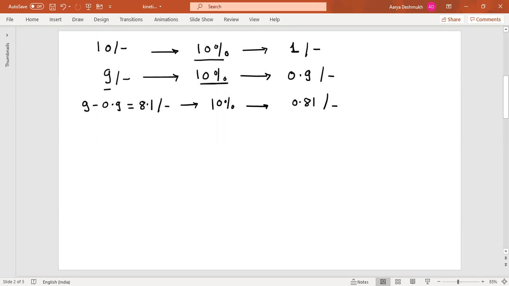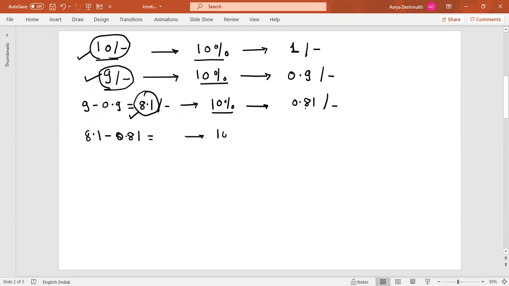Each time I am giving you 10% of the amount that I have at that moment. Initially, I started with 10 rupees. Then I was left with 9 rupees. Then I was left with 8.1 rupees. If I subtract 0.81 from 8.1, whatever is left, from that I can give you 10%, and so on. So this continues.